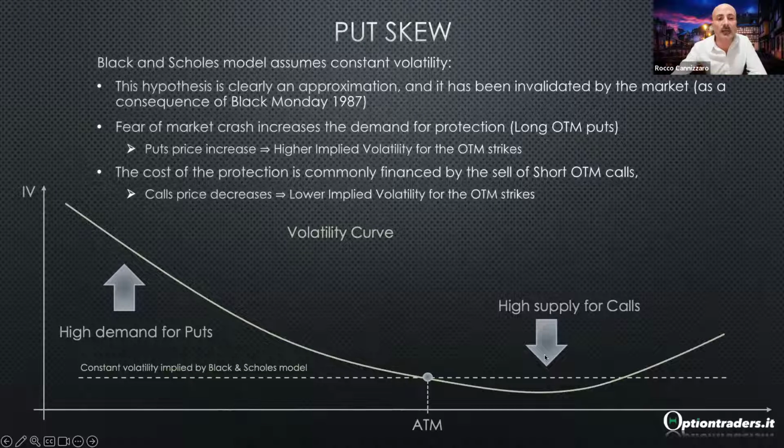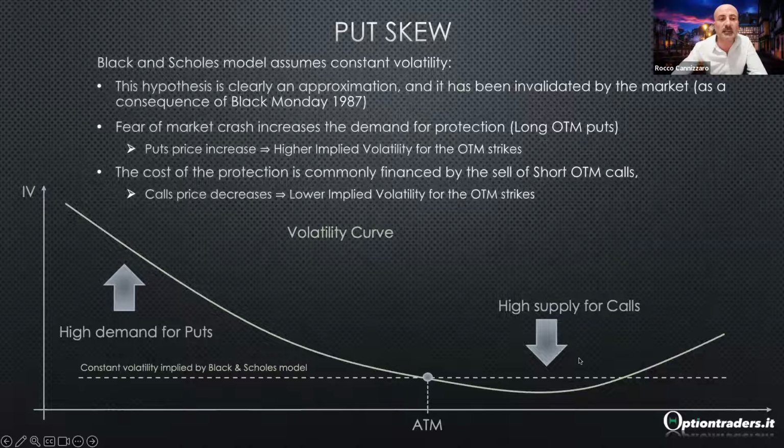On the other side, to finance the cost of buying this protection, hedge funds or maybe individual traders sell a call, because that helps finance some of the cost. They're willing to give up some of their potential upside profit in order to reduce the cost of buying the protection.